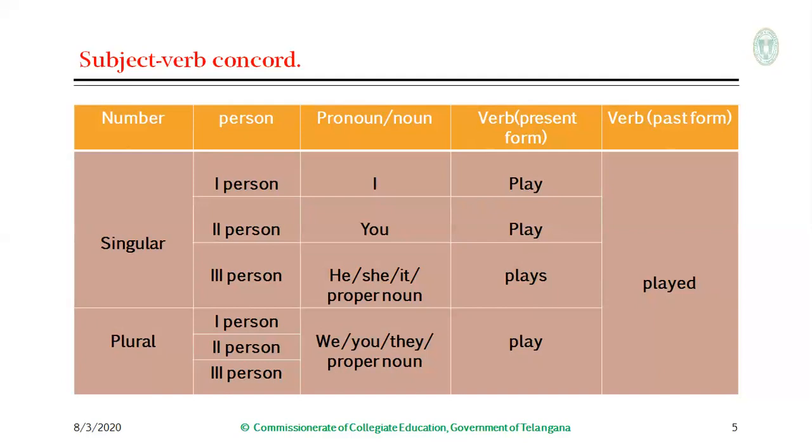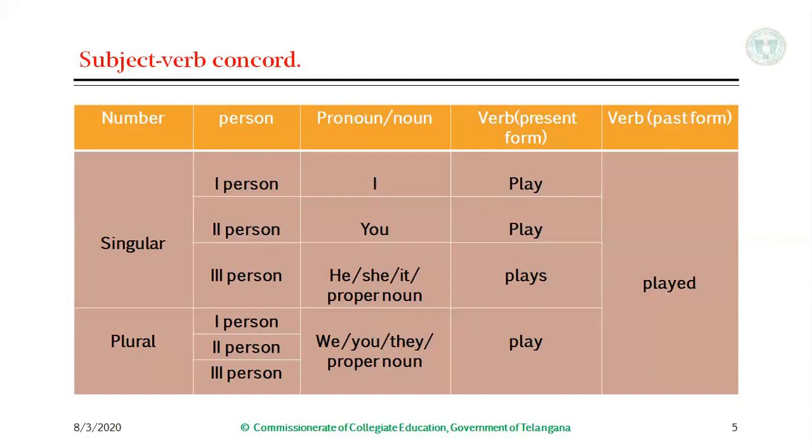Now let's go to the plural form. First person, second person, and third person. The first person plural is we. We play cricket. We like music. We read books. We spend time with the children. We plant trees, like that. You plant trees.